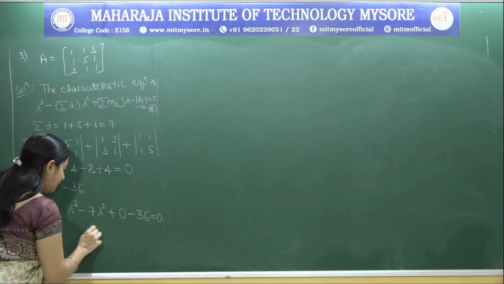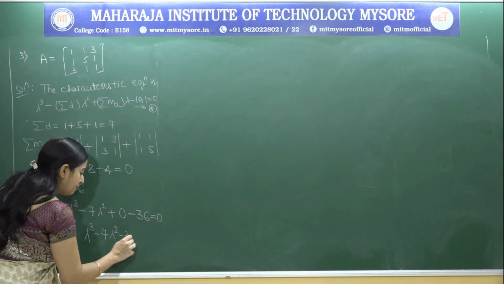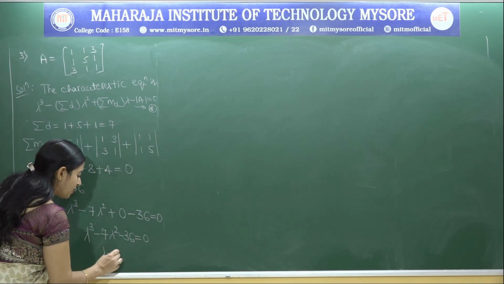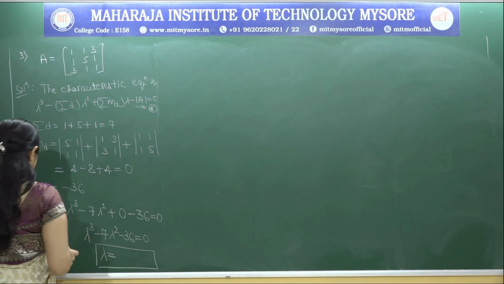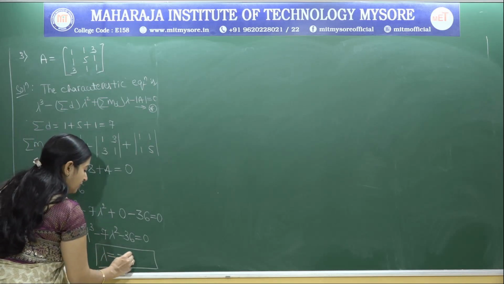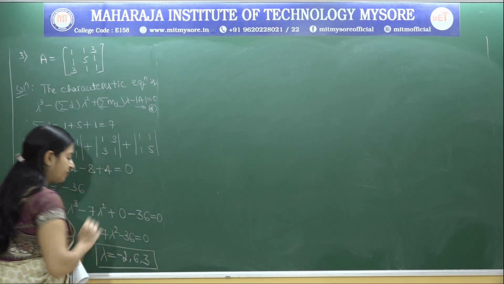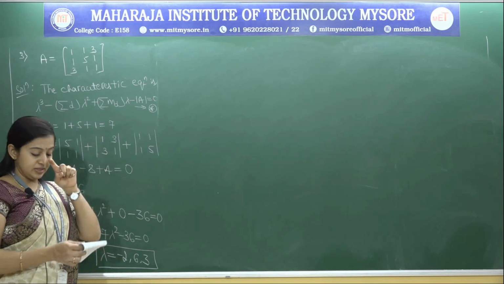So we get the cubic equation lambda cube minus 7 lambda square minus 36 equals 0. Solve the cubic equation in your calculator. You will get the roots minus 2, 6 and 3. These are the eigenvalues of the given matrix.